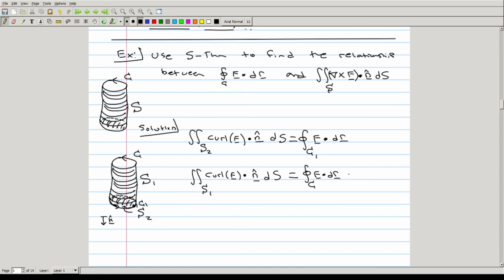So this also has to be added to the circulation around the bottom bounding curve. And you have to think about what the correct orientation for this bottom bounding curve could be.